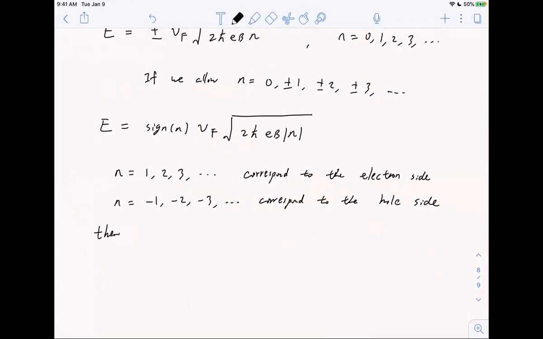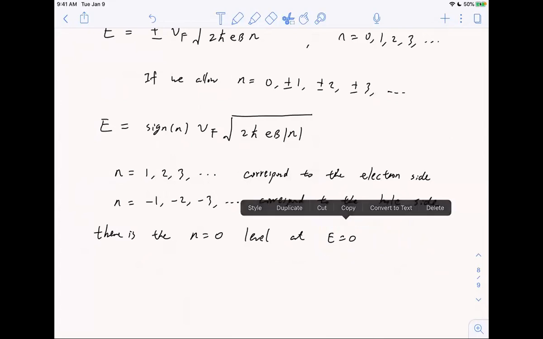And there is the n equal to 0 level, at n equal to 0.